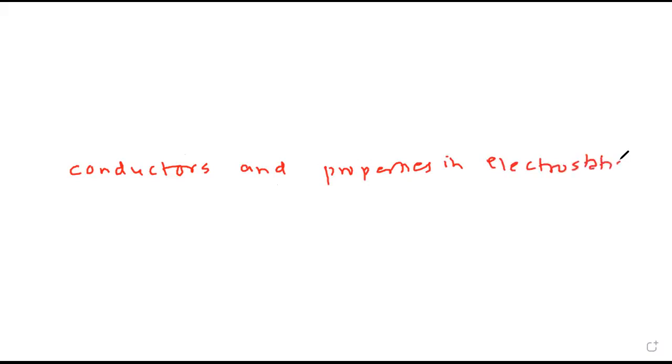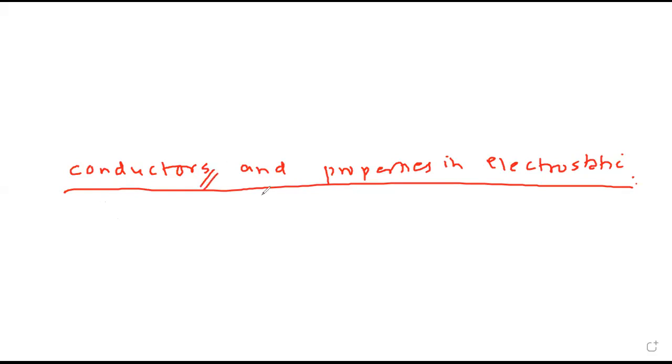Means what are conductors and the electrostatic properties of a conductor. Conductor means they have free electrons or bound electrons? These conductors have free electrons. So first, what are conductors, if they ask in fill in the blanks or MCQ.